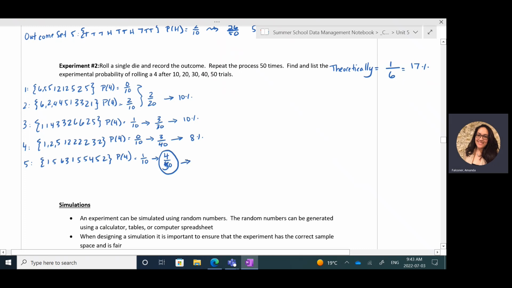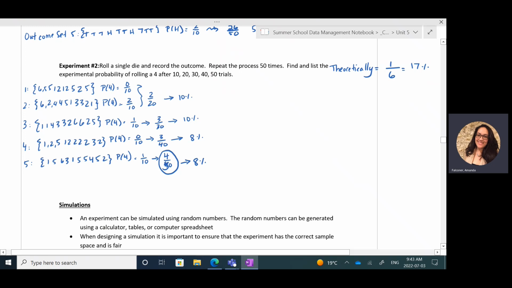And then finally, we landed at 4 out of 50, which is 8%. Ooh, we're very low here, so it's unlikely. But if we kept going with these sets, we might end up something closer to 17%.